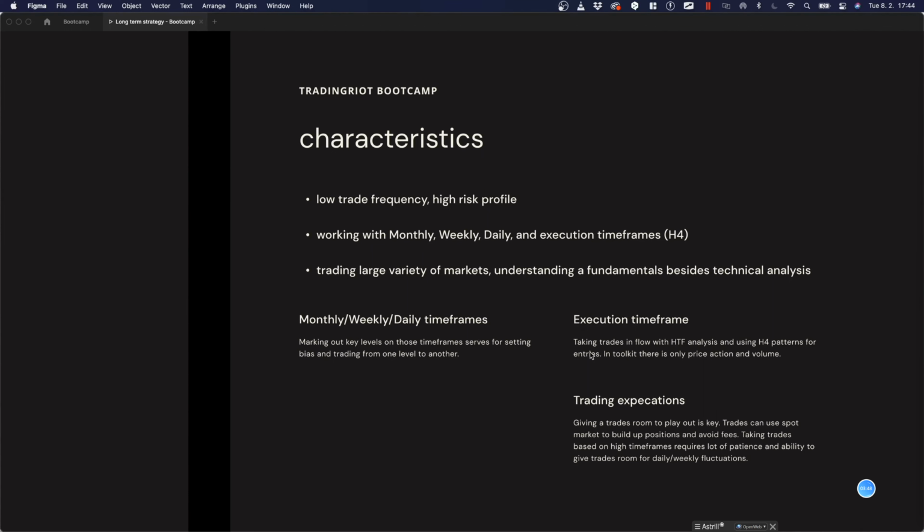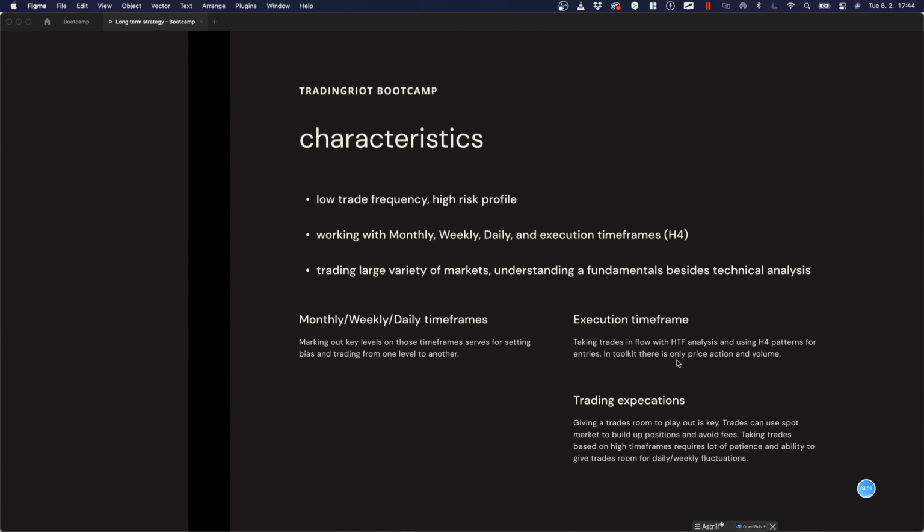For the execution time frame, you take trades in the flow of your higher time frame analysis, using H4 patterns for entries. In the toolkit, there is only price action and volume. You are not using any of the order flow tools that I covered. You don't use market profiles.